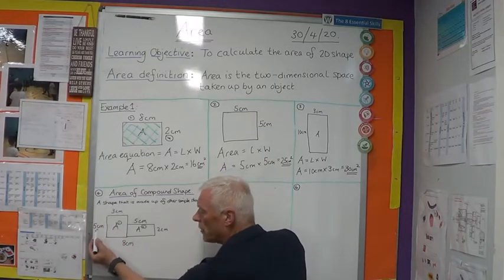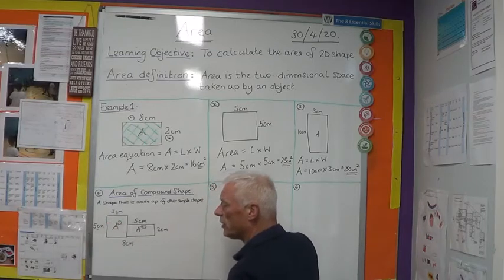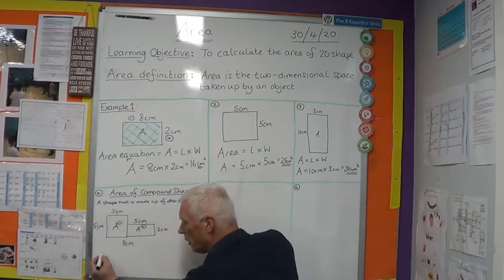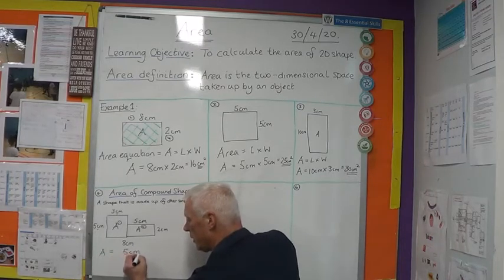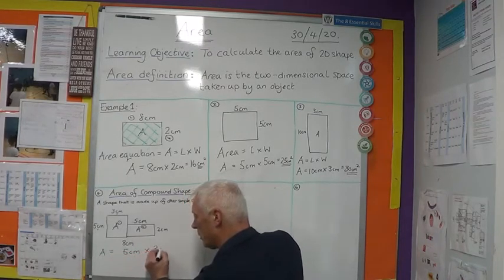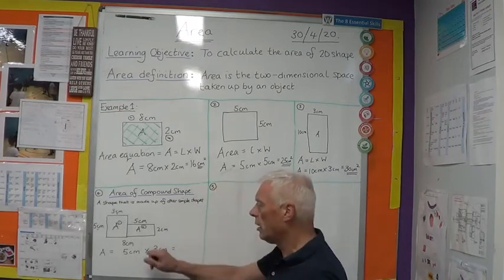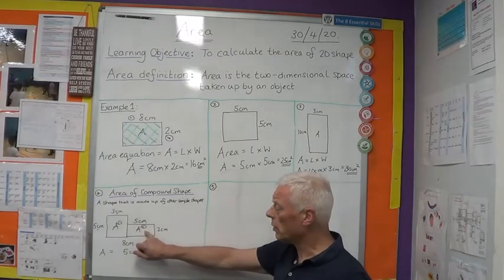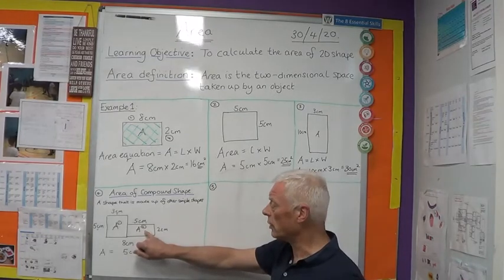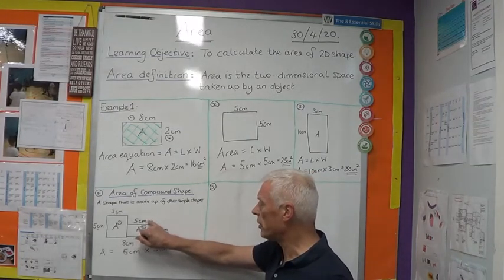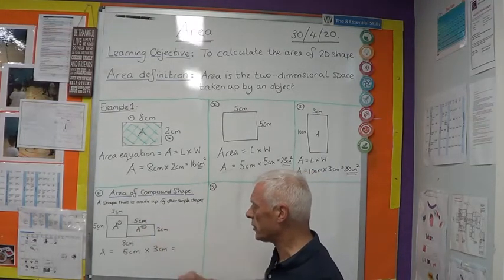rectangle 1 is 5 centimetres times 3 centimetres. So area equals 5 centimetres times 3 centimetres. Rectangle 2, the second rectangle, is 5 centimetres times 2 centimetres.